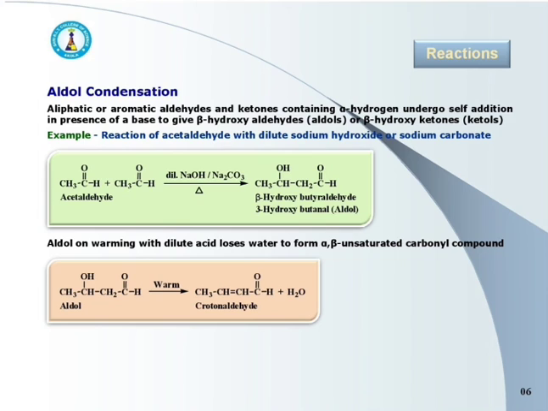The last one is aldol condensation. Aliphatic or aromatic aldehydes and ketones containing alpha hydrogen undergo self addition, or we can say condensation, in presence of a base to give beta hydroxy aldehydes called as aldols, or beta hydroxy ketones called as ketols.